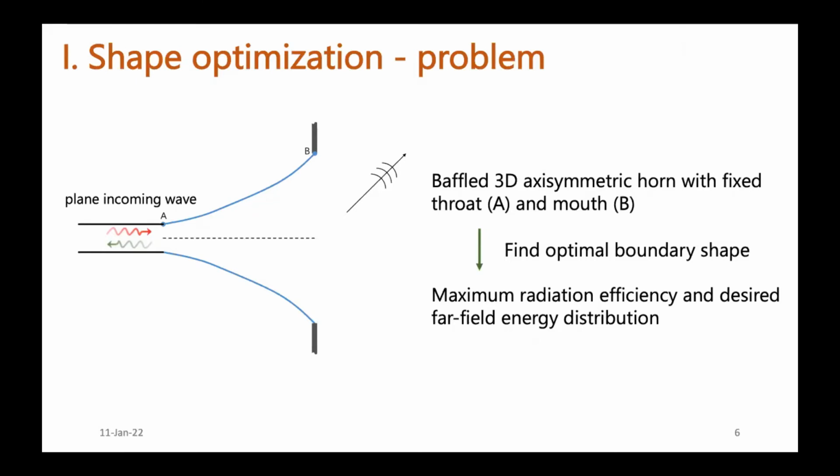And what we want is, if the horn is fed with a plane wave, part of the wave energy will be reflected and part radiates to the surrounding air. And we want to find the optimal boundary shape to maximize the radiation efficiency and the desired far field distribution.